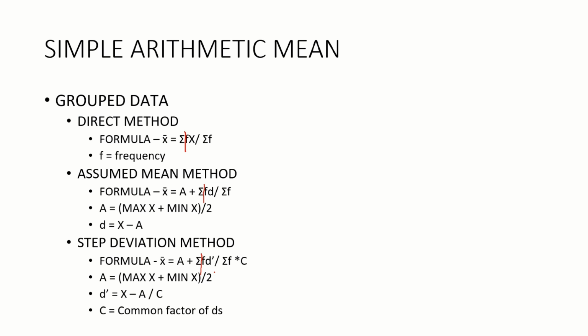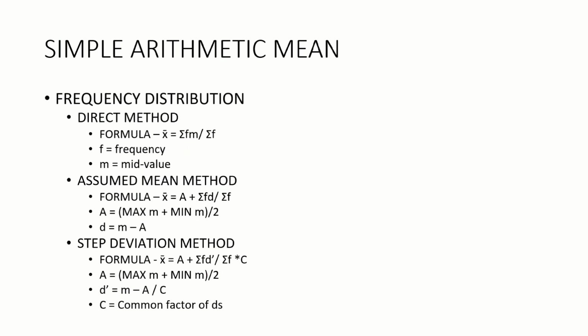Now, we've discussed group data, but what about the frequency distribution? Yeah, in the direct method, the formula is the arithmetic mean equals the sum, well, sum of what? We can't include classes over here, right? So we first will need to take out the mid value.